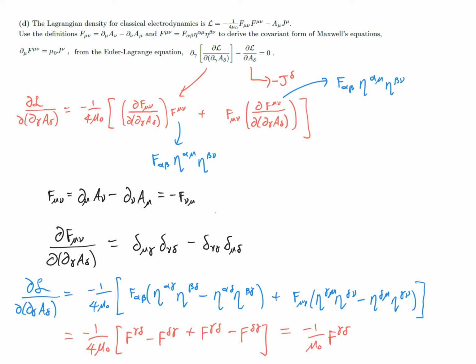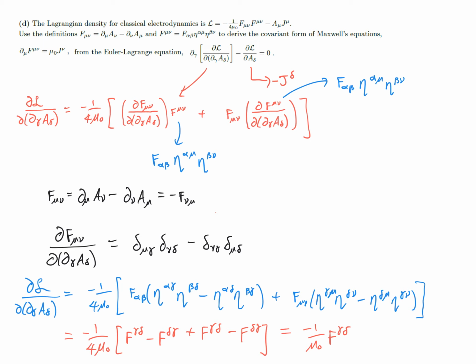gamma delta. Excellent. So that's it. In the original Euler-Lagrange equation of motion, we have this object, which we've just computed down here, but notice that it's the derivative d gamma of this thing, and then subtracted from it this object.